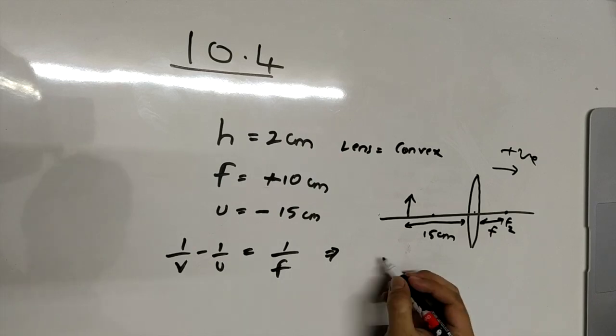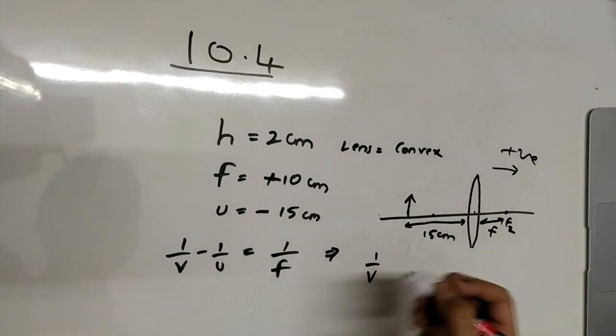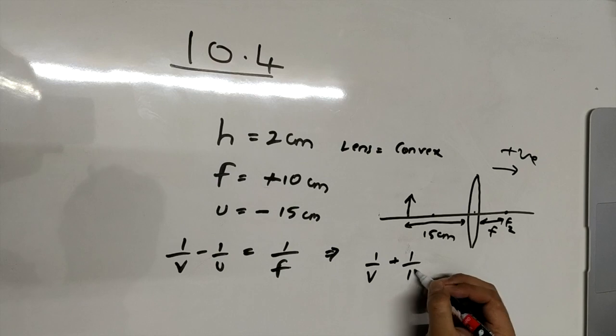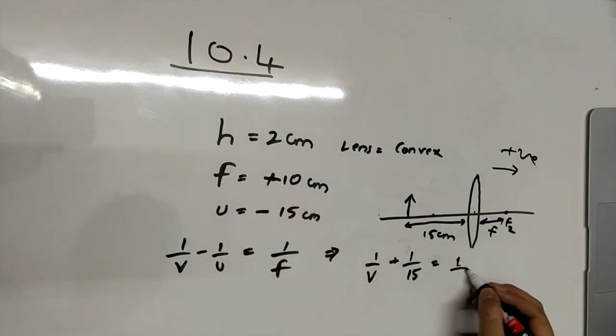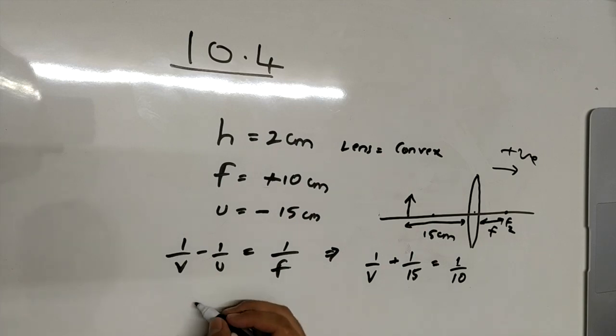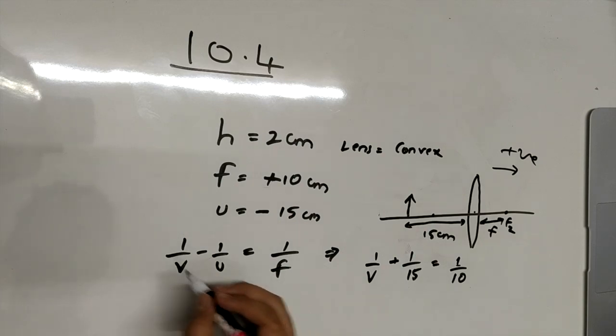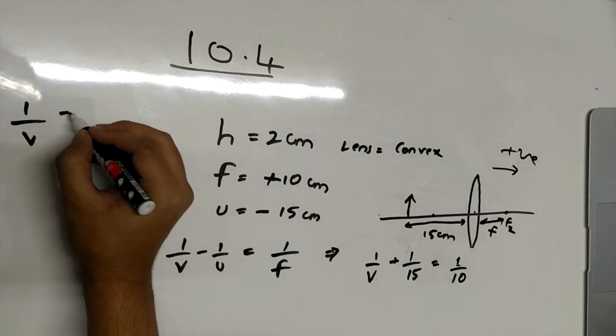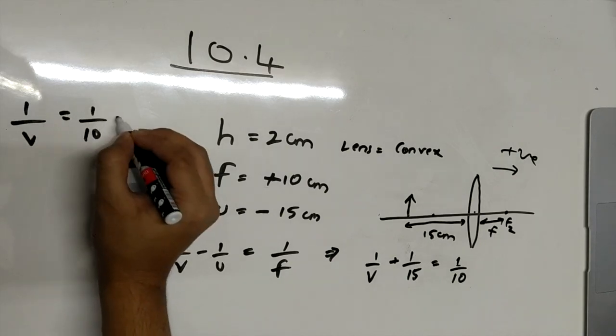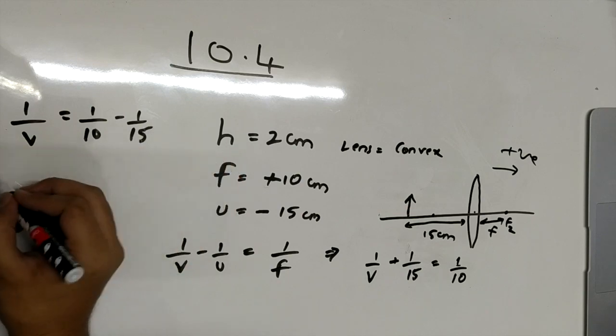So 1 by V, minus of minus will become plus, plus 1 by 15 is equal to 1 by F, 1 by plus 10. So 1 by V is equal to 1 by 10 minus 1 by 15.